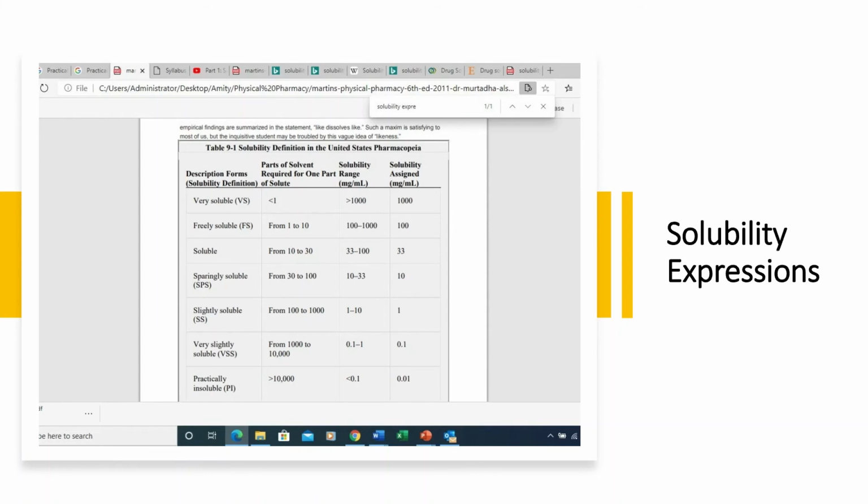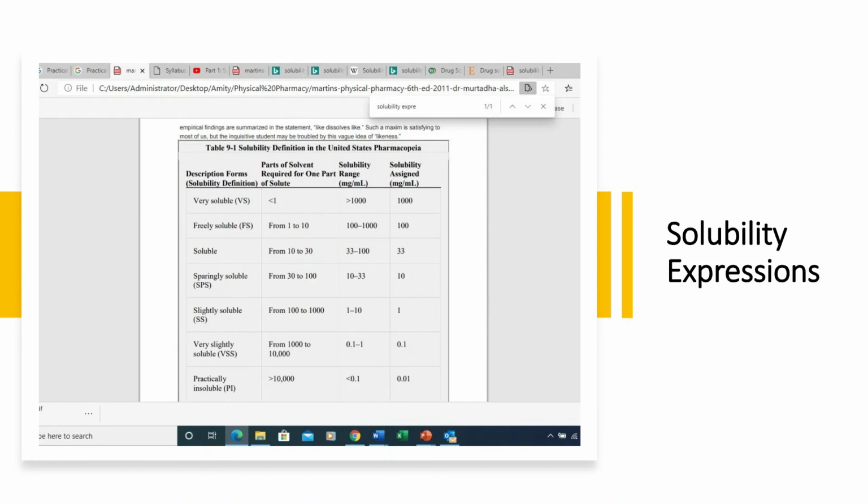If it is less than 1, we call the substance very soluble. We say the solute is freely soluble when the parts of solvent required for dissolving one part of the solute range from 1 to 10.